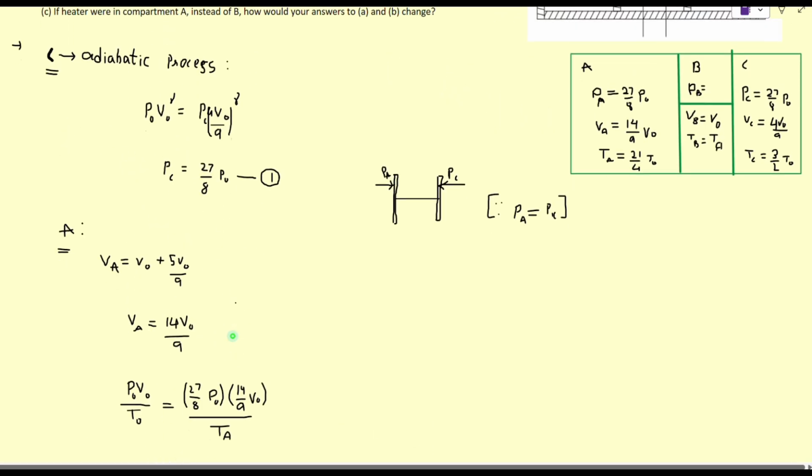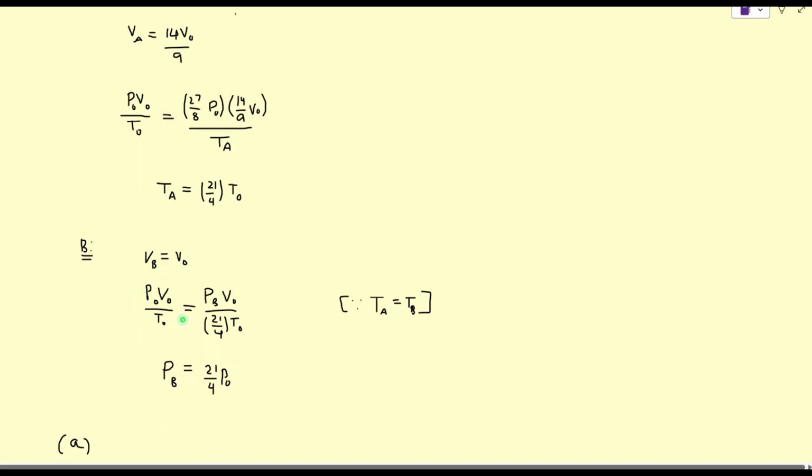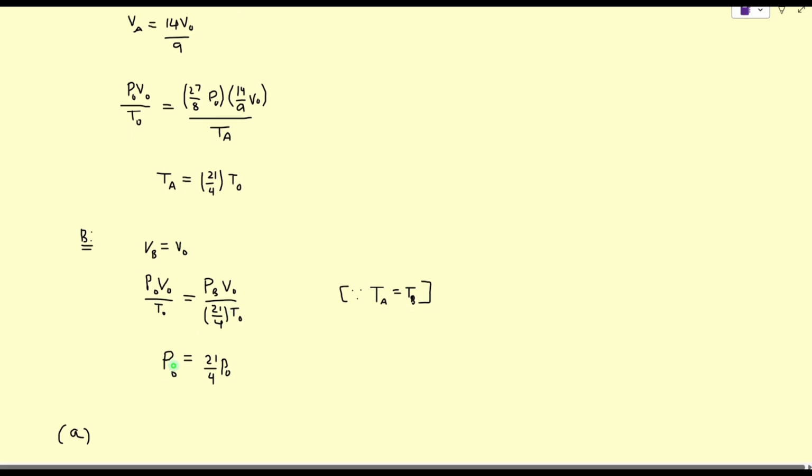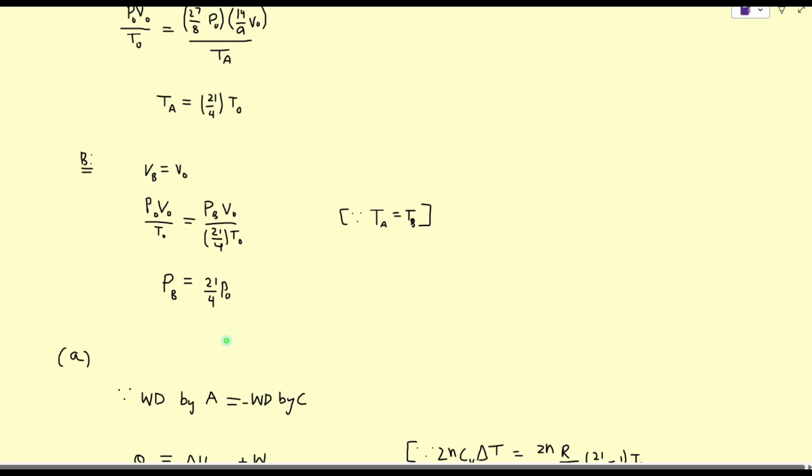For B, the volume of B equals V0, so it is constant here, and we conserve the number of moles to find the pressure of B. There is no work, so P0 V0 by T0 equals PB into V0 by 21 by 4 times T0. So the final pressure of B equals 21 by 4 times P0.